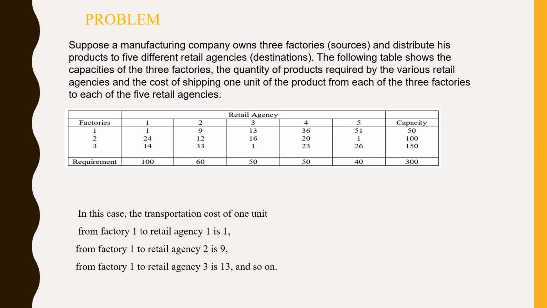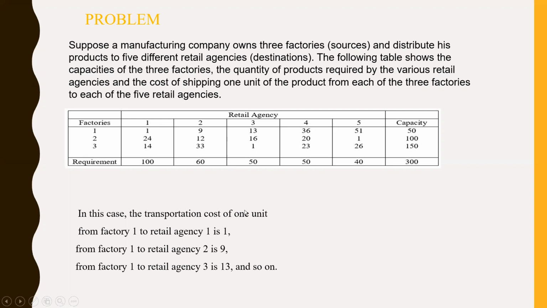The capacities of factories 1 to 3 are 50, 100, and 150 respectively. And the requirements of retail agencies 1, 2, 3, 4, 5 are 100, 60, 50, 50, and 40 respectively.